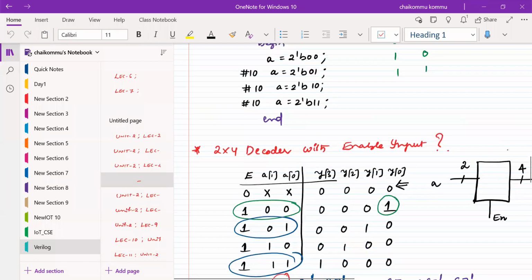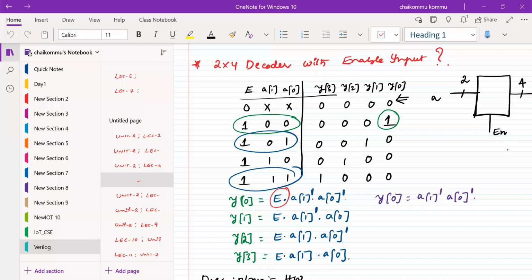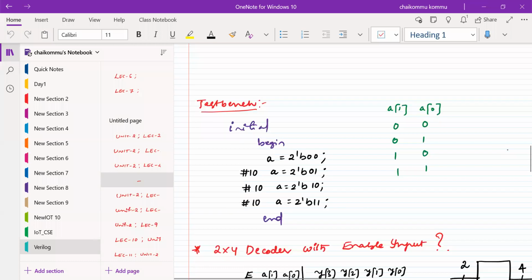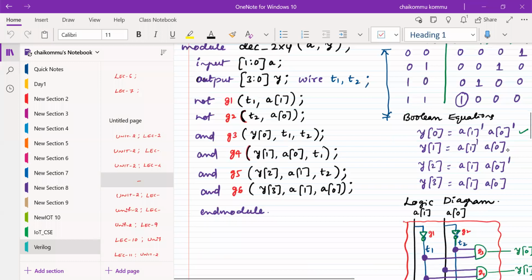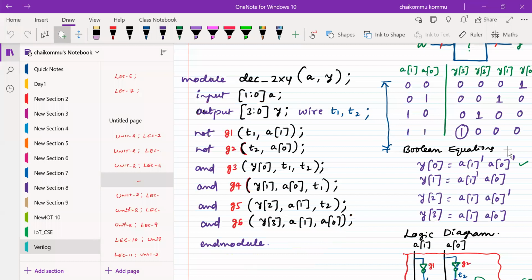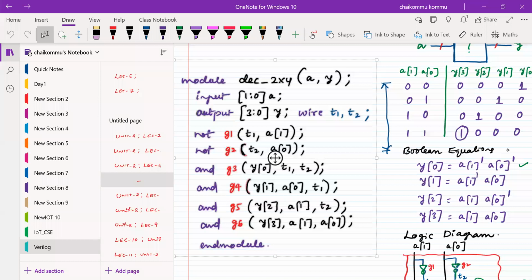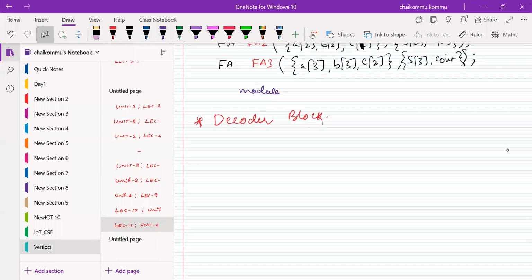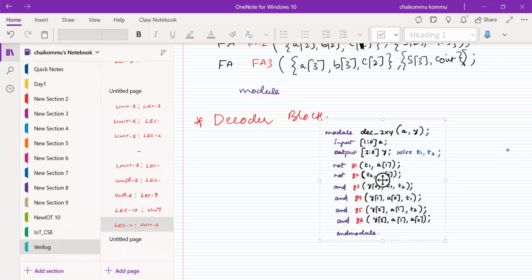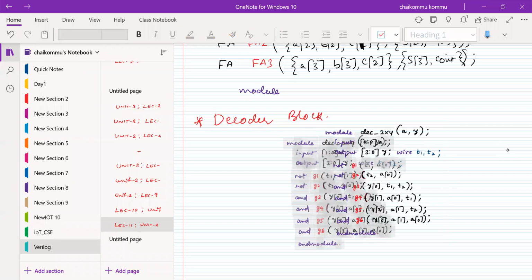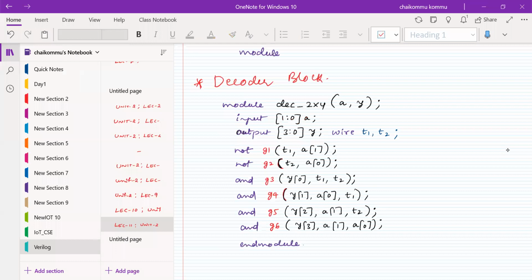I don't want to use the enable signal, so without enable I am going to use this one. It's a 2x4 decoder. Please check your notes on how we have written the 2x4 decoder concept.